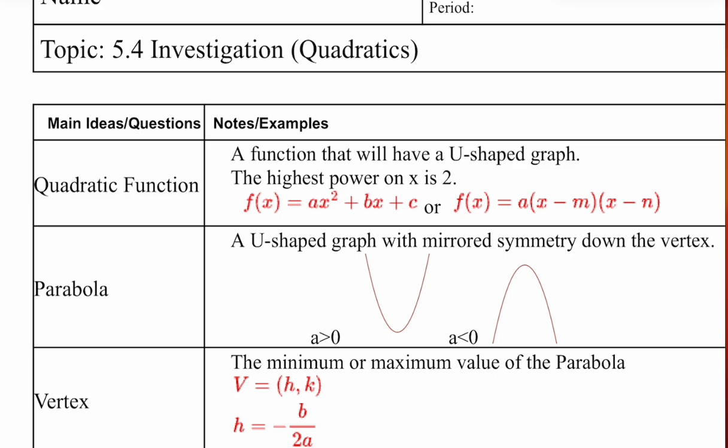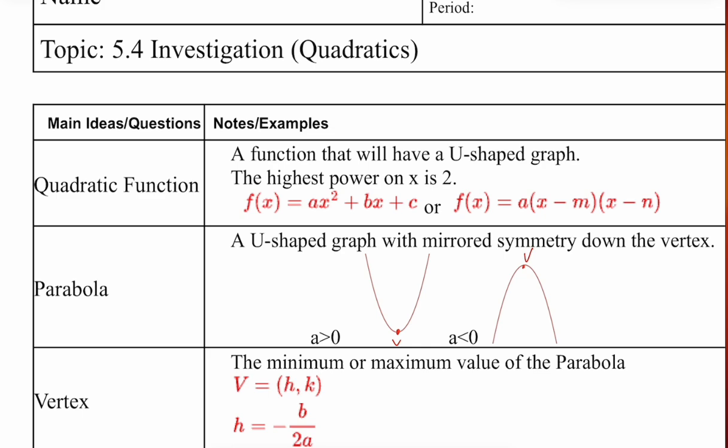Now, you may recall that with quadratics comes the word parabola. Parabola means that it is a U-shaped graph with mirrored symmetry down through the vertex. So what I mean by that, if you want to put a little dot here, those 2 points would be considered the vertex.